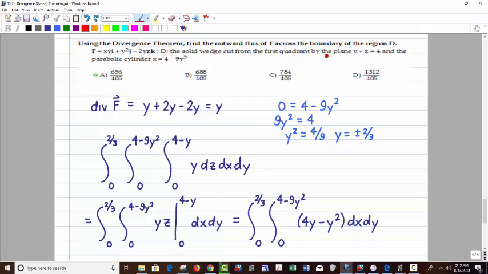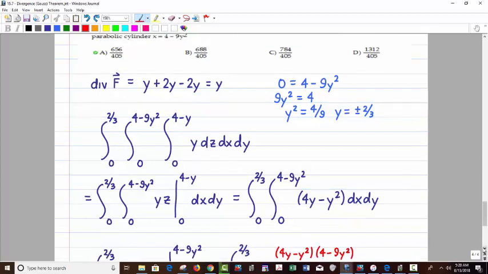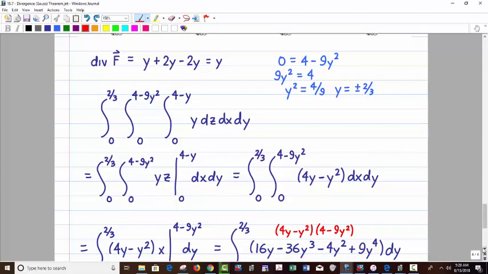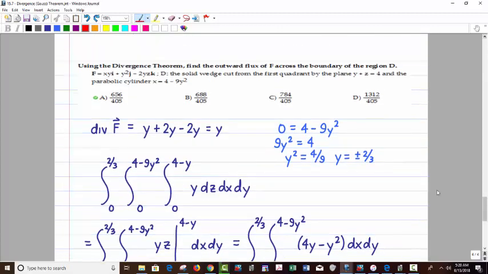But we're in the first quadrant. Probably should have said first octant there, not quadrant. Anyway, that eliminates the negative. So we're going only from 0 to 2/3. Okie doke, so there's our integral. Let's evaluate it.